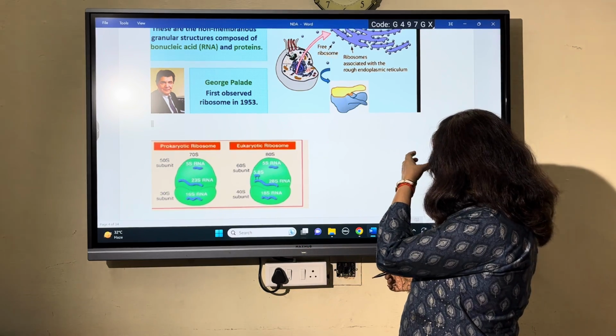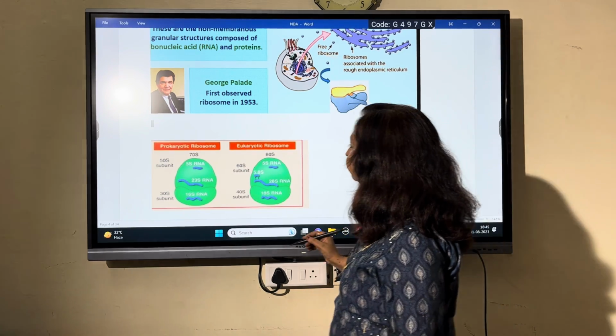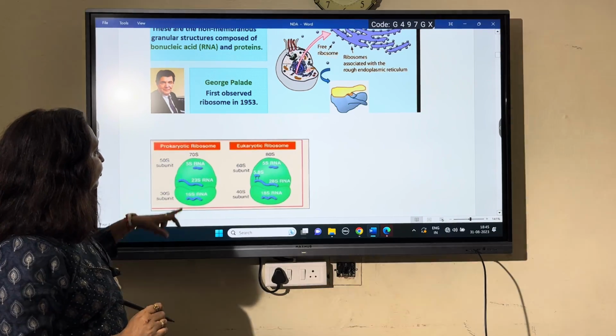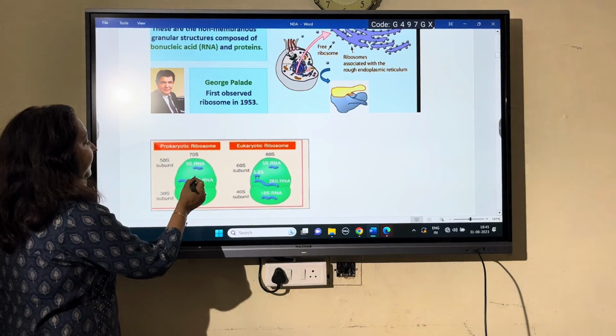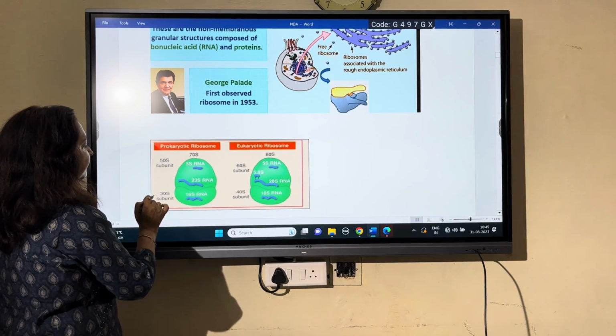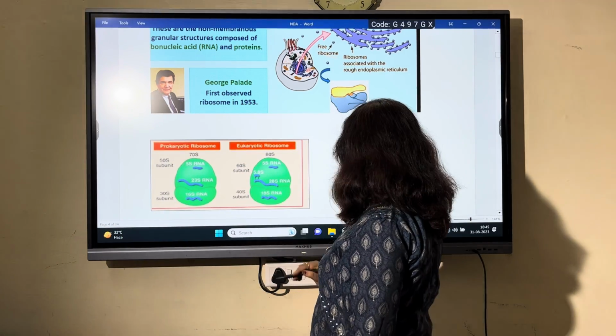Basically, there are two types of ribosomes. In prokaryotes, the 70S ribosome is there, and in eukaryotes, the 80S ribosome is there. The 70S ribosome is further divided into two subunits, 50S and 30S, and the 80S ribosome is divided into 60S and 40S.